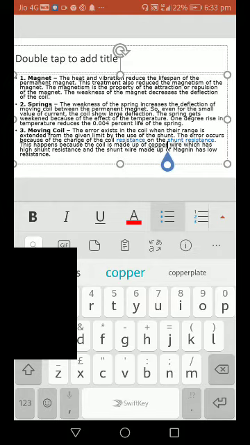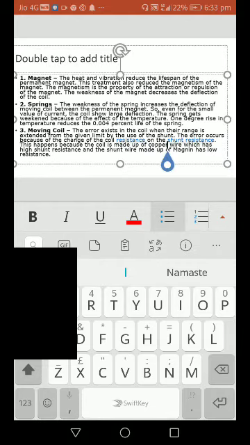This happens because the coil is made up of copper wire, which has a high resistance, and the shunt wire is made up of manganin, which has low resistance.